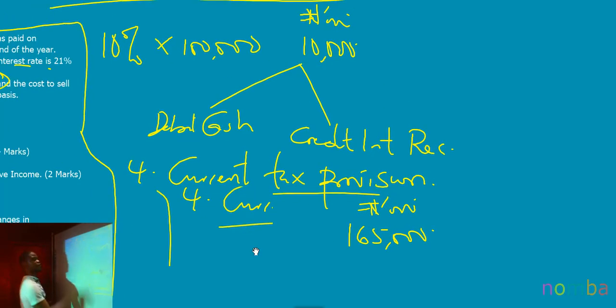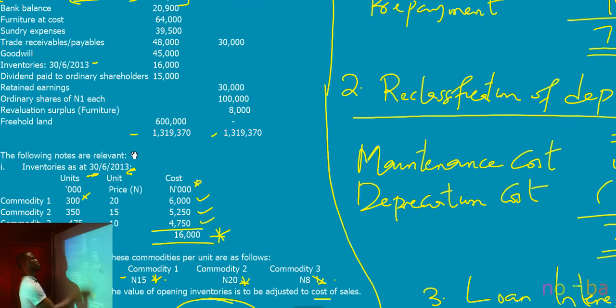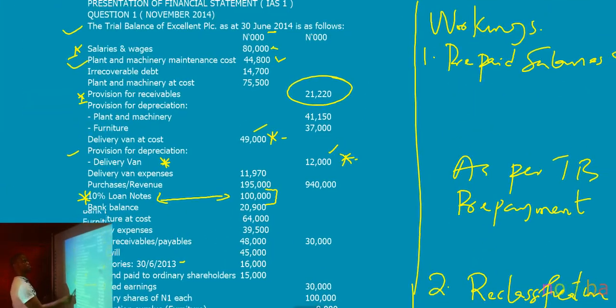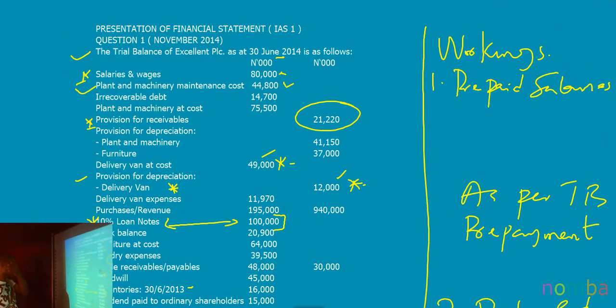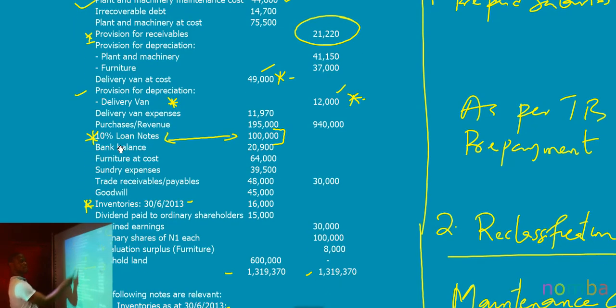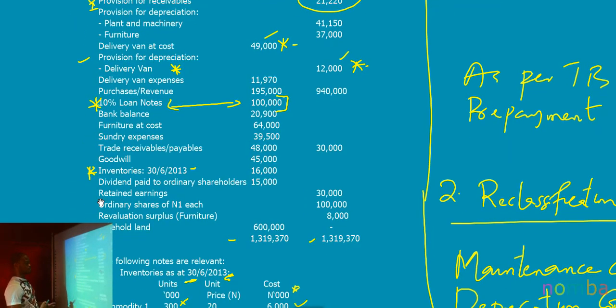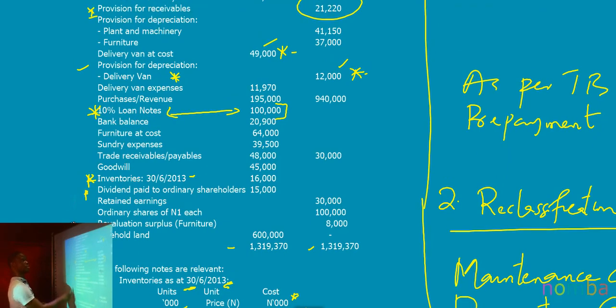Now, if you have any tax within the trial balance, if it is on the debit side, it means it is an under provision for tax. If it is on the credit side, it is an over provision for tax. And from here, we don't have any. We don't have current tax.